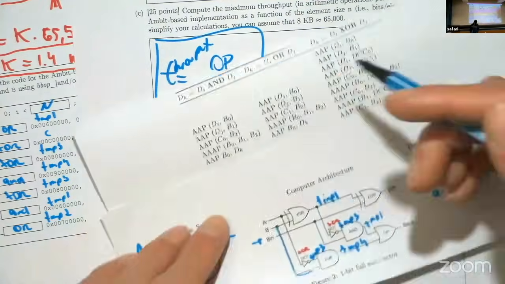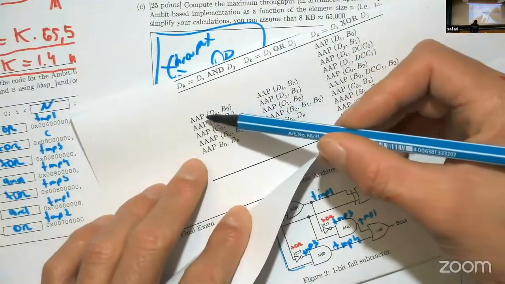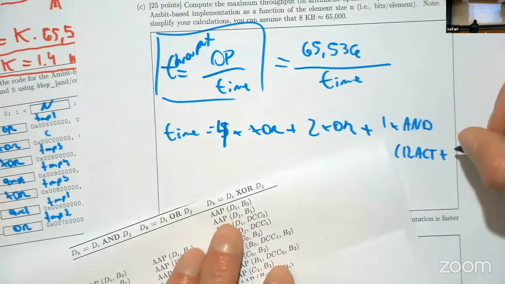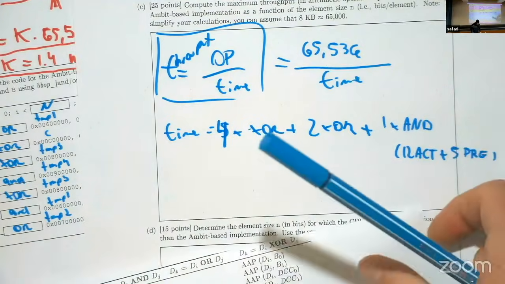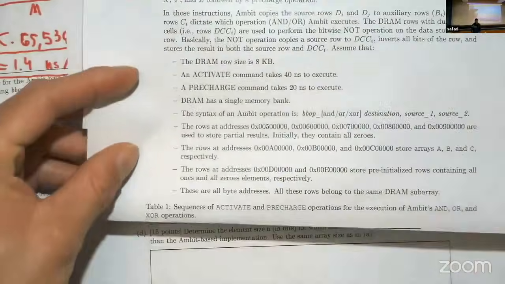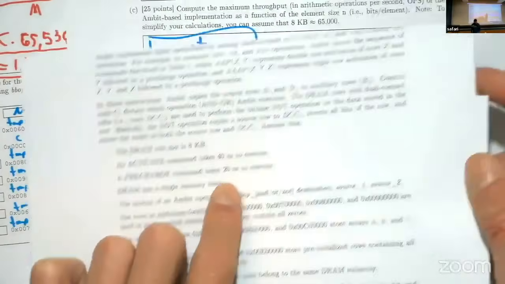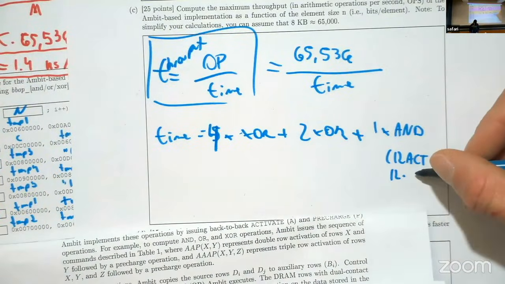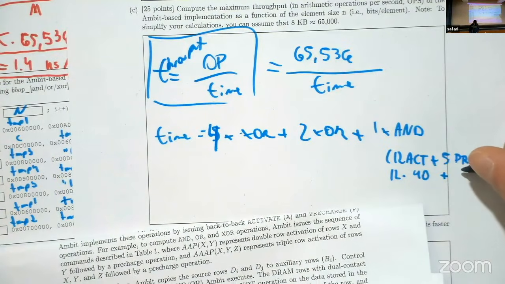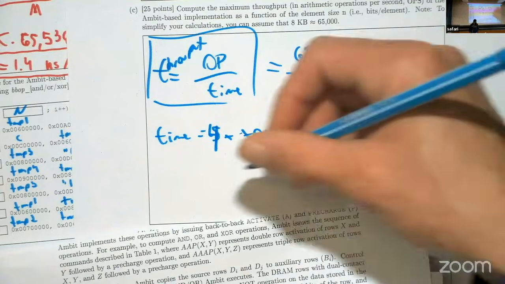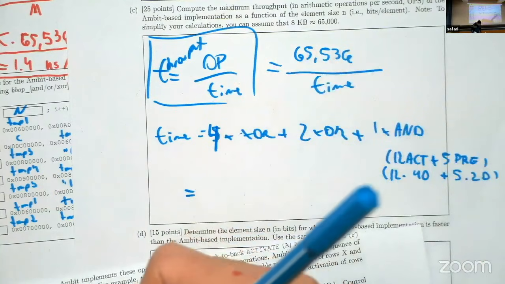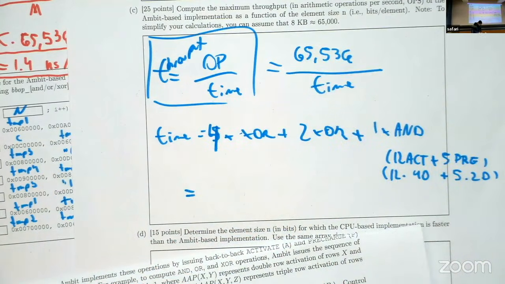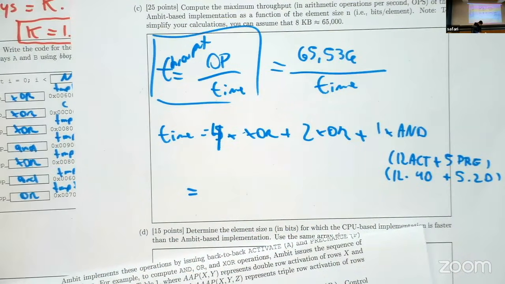And 1, 2, 3, 4, 5, so 5 precharges. Then you go back to the question, and you have the latency for the activations and the precharges. This is 12 times 40 plus 5 times 20, and then you do the same for the other ones. It's a bit boring, but it's just counting.